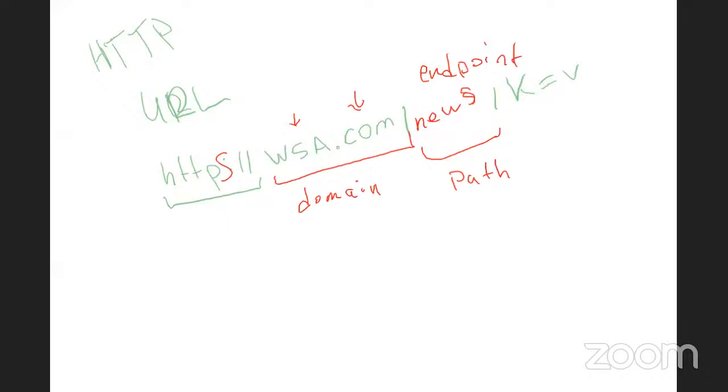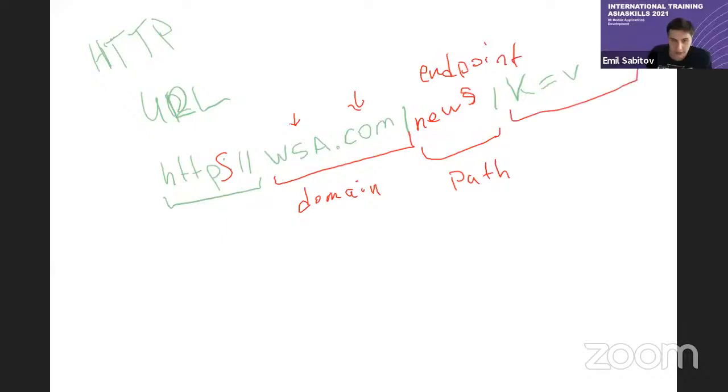Next one, we've got the pairs of key and values that can be divided with an ampersand symbol. I don't remember how to write it. Like this one. Yeah, I'm bad at writing the symbol, but I think you understand it. Here we can see pairs of keys and values that we can send in our request.